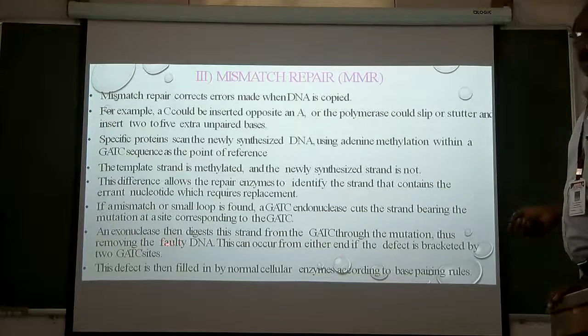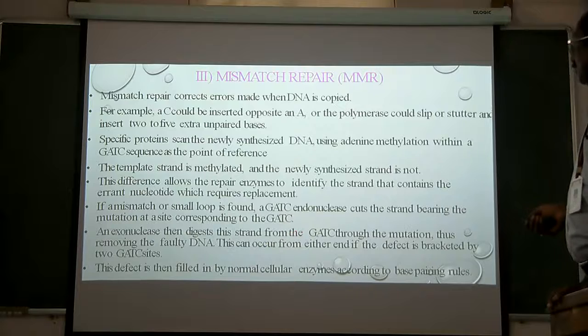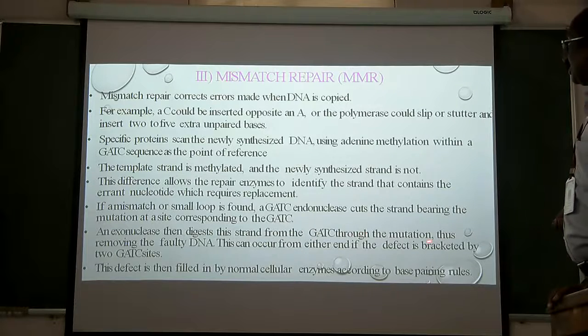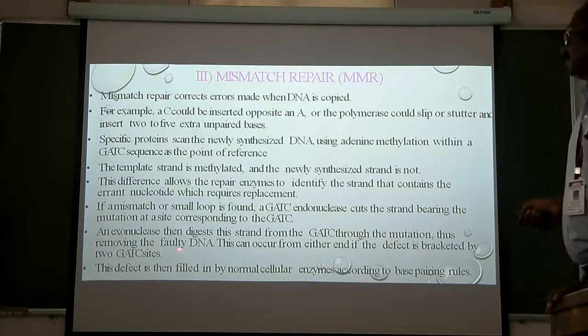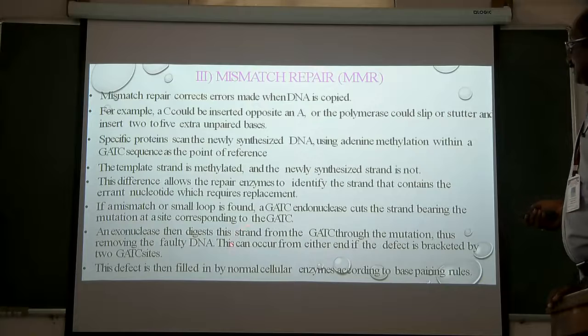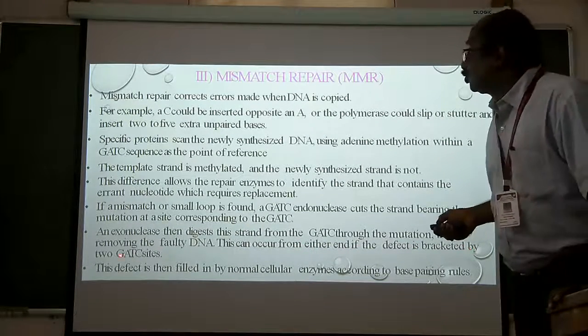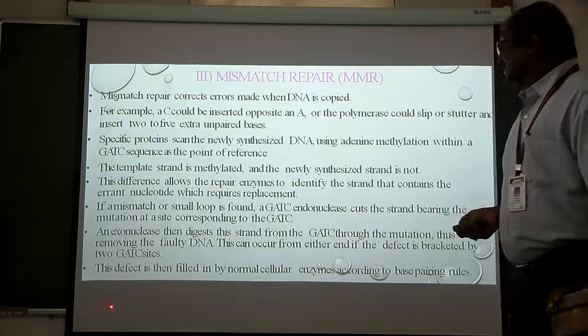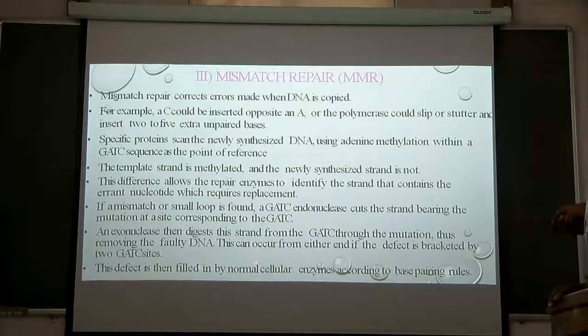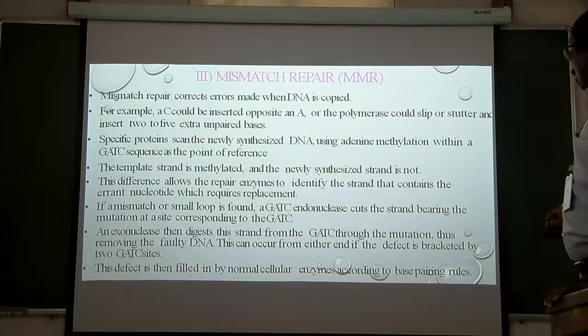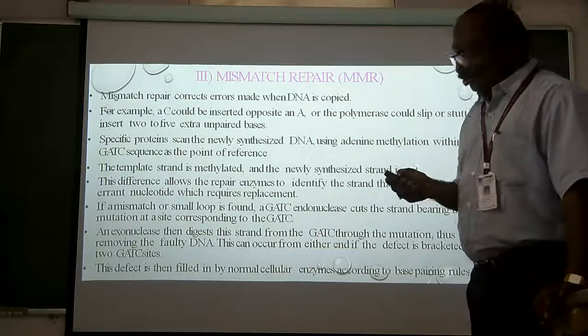An exonuclease then digests from the GATC through the mutation, thus removing the faulty DNA. This can occur from either end if the defect is bracketed by two GATC sites. The defect is filled in by the normal cellular enzymes according to the base pair rules.